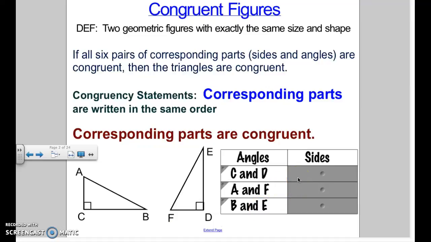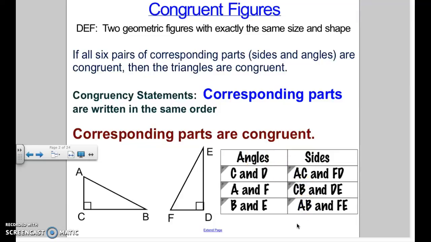Same thing with the other sides. I could do C to B, so the long side here to the long side here would be DE. And since I have 90-degree angles, I have a hypotenuse. Side AB is my hypotenuse, so it's going to match with side FE. So here are the 3 groups of sides that would be corresponding for these 2 triangles.